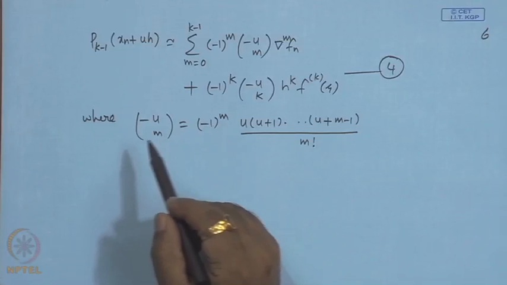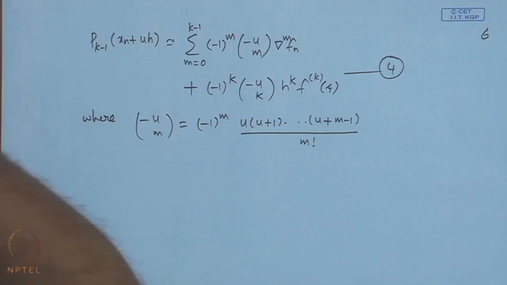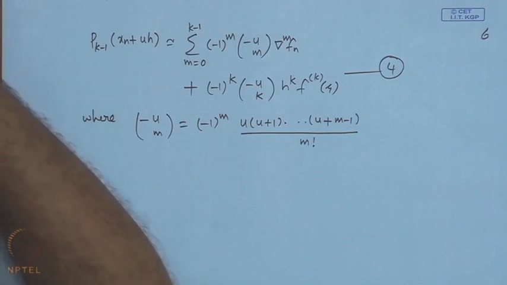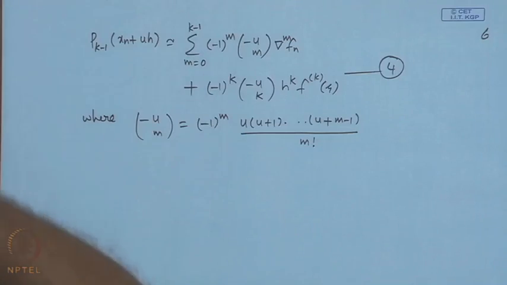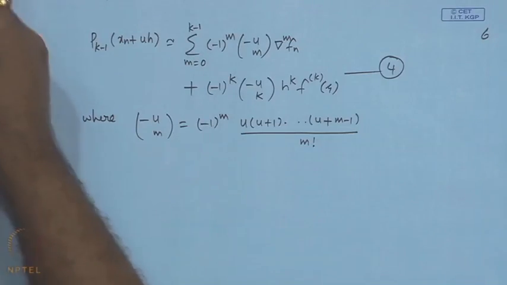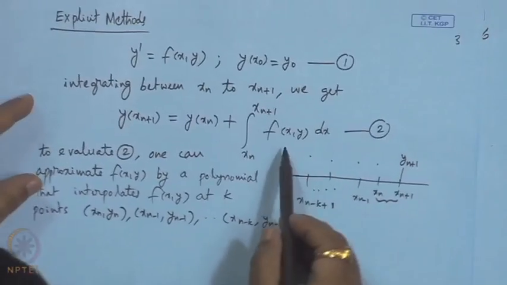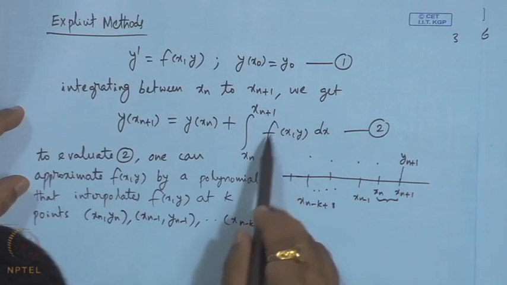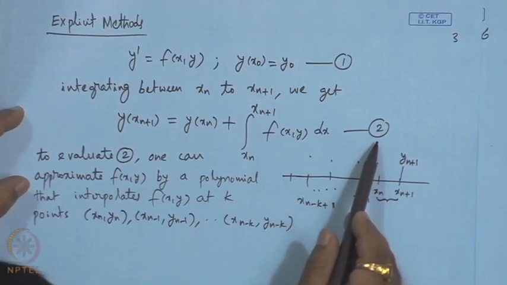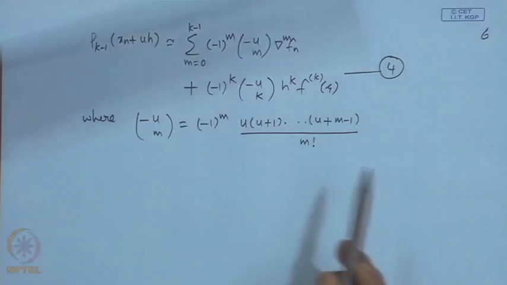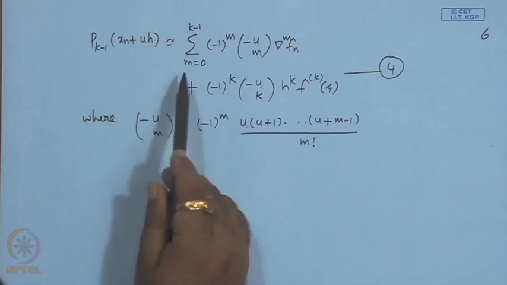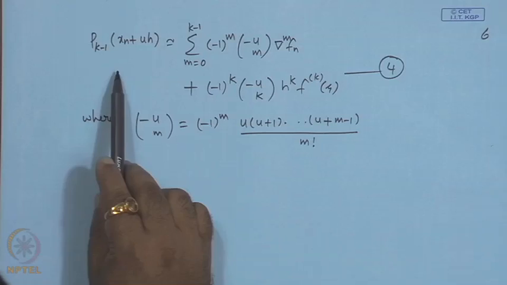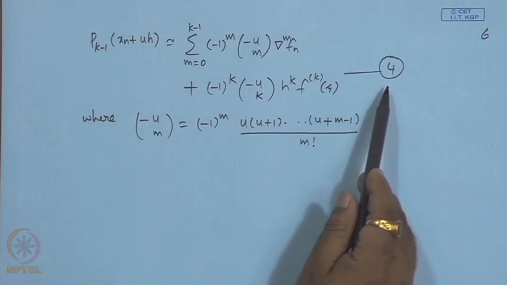Okay. Now, what is our concern? Our concern was to substitute the polynomial that has been approximated into this integrand, which was our 2. We have approximated f by using k past points, and that was 4.